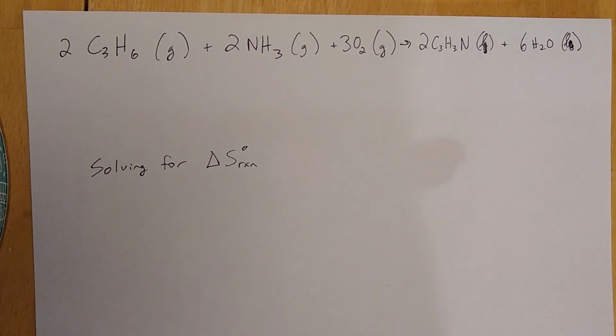So whenever I start a problem like this, I'm going to write down my reaction. Even if I have a paper in front of me, I'm usually still going to write it down. And oftentimes the data might be given to you in a table. I make a lot of mistakes, so I'm going to go ahead and write those values right under each reactant and product so that I don't mix anything up.